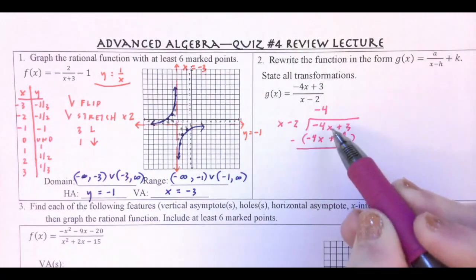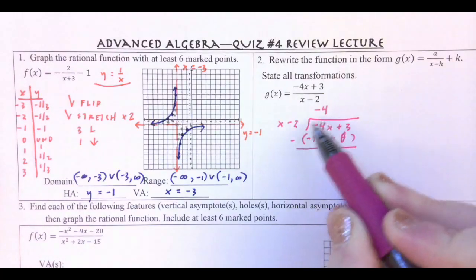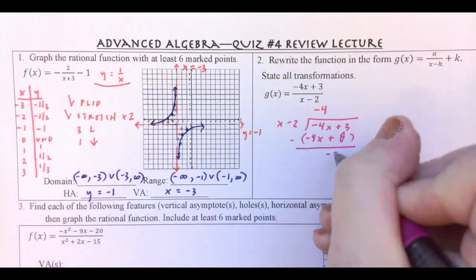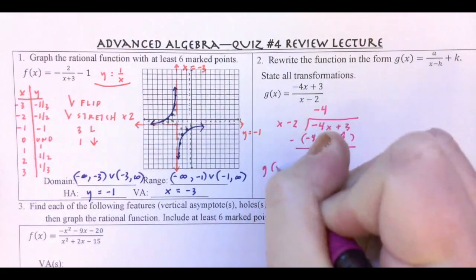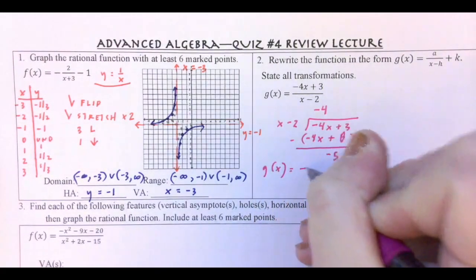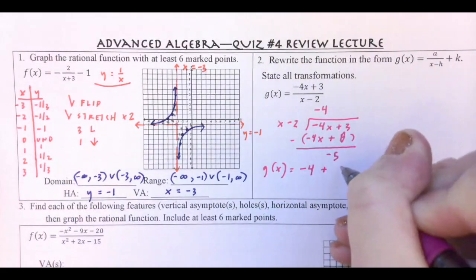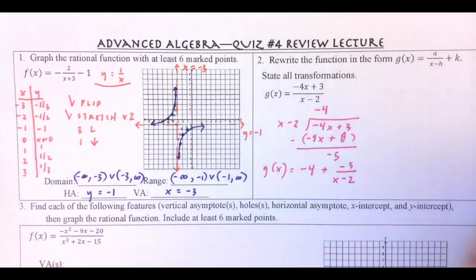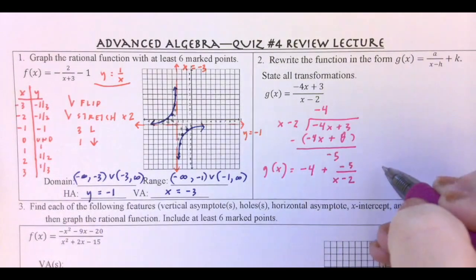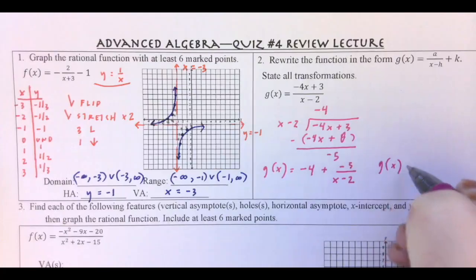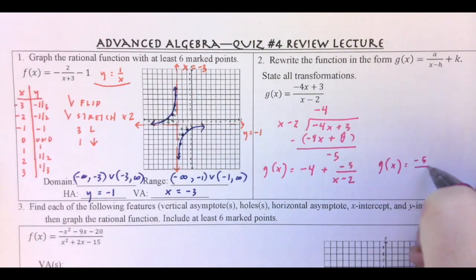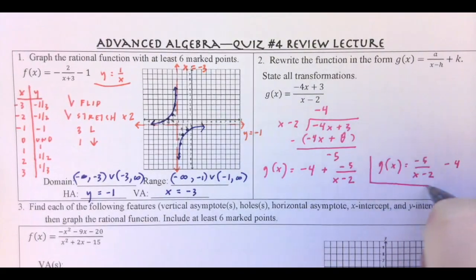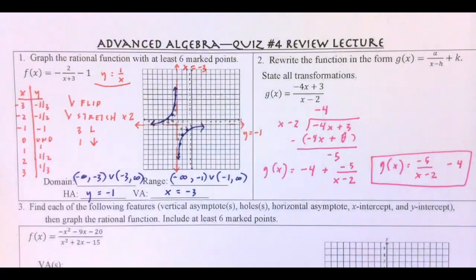Okay, so -4x minus a -4x, that zeroes out. 3 minus 8 is -5. So this would be g of x is equal to -4 plus that remainder of -5 divided by x minus 2. But usually I whip that around and I rewrite that as g of x is equal to -5 over x minus 2 take away 4, right? It helps me see the transformations a little bit more clearly.